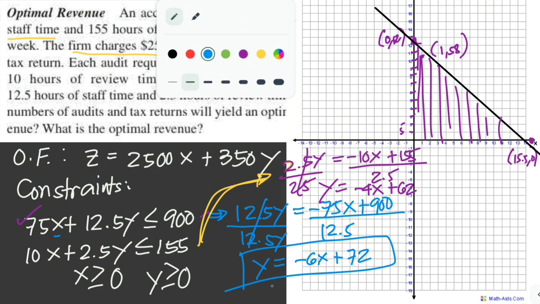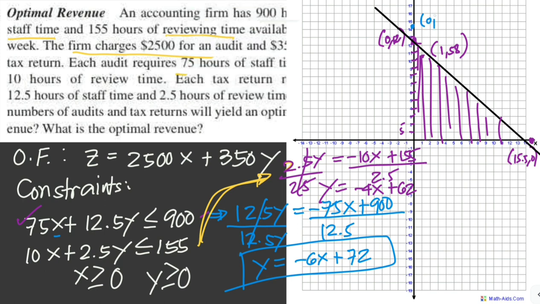Alright, so let's graph the next line, y equals negative 6x plus 72. When x is 0, y is 72. So this is 65, 70 here. Should be (0, 72). And then when x is 1, y is 66. And when x is 12, y is 0.